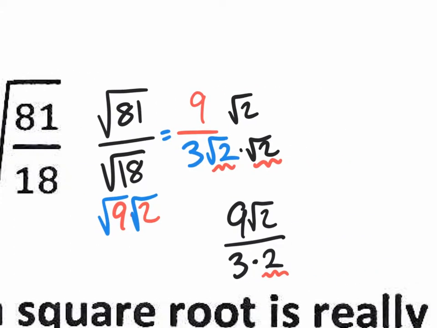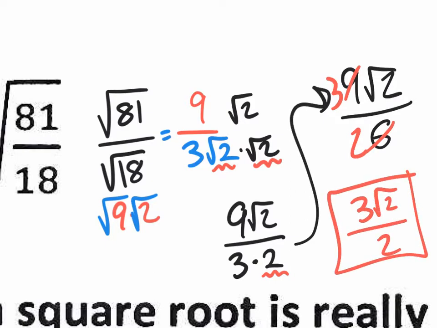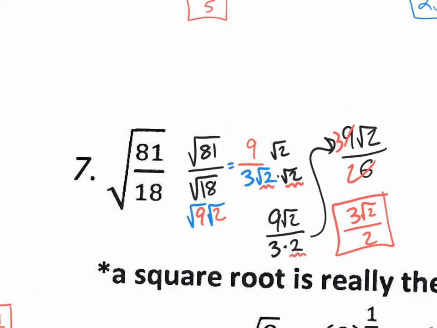I want to have the answer 9 square root of 2 over 6, but we could reduce 9 over 6. You could reduce by 3, and you'll get 3 up on top and 2 on the bottom. So the final answer is 3 square root of 2 over 2. That's your final answer for that question. Number 7.